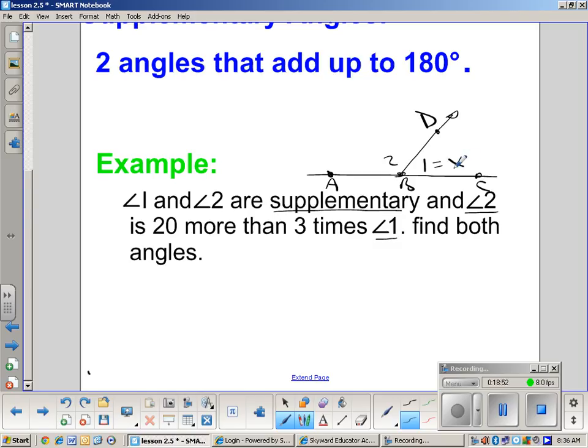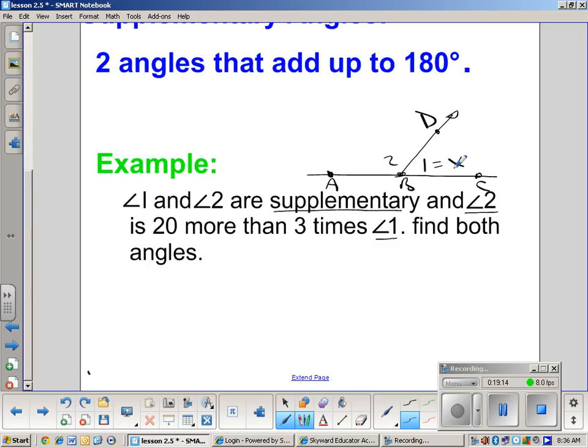And let's talk about how to write the expression for angle 2. 20 more than means what? Plus 20. Okay? 20 more than means plus 20. More than what? Does it say more than 3? 3 times angle 1. How big is angle 1? x. How do I show 3 times x? 3x.